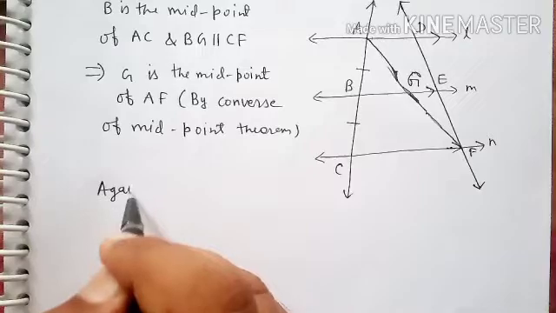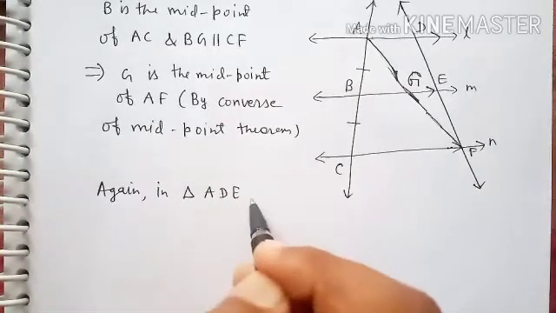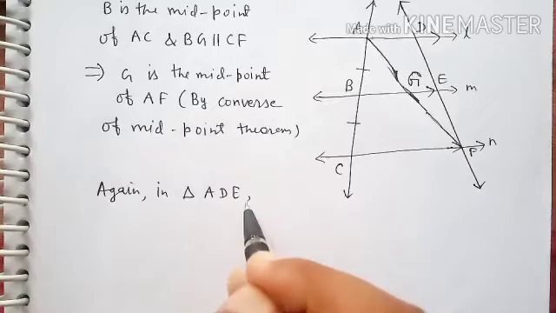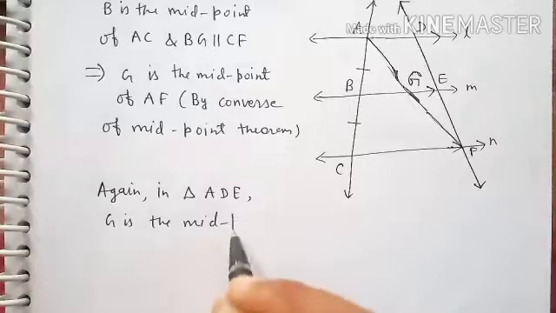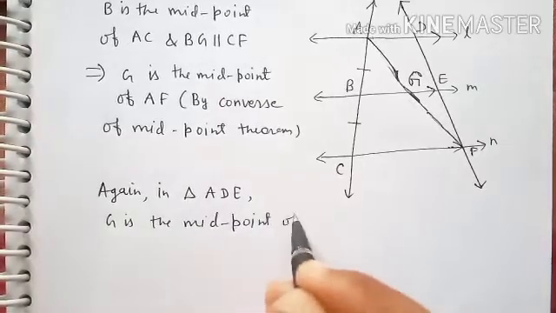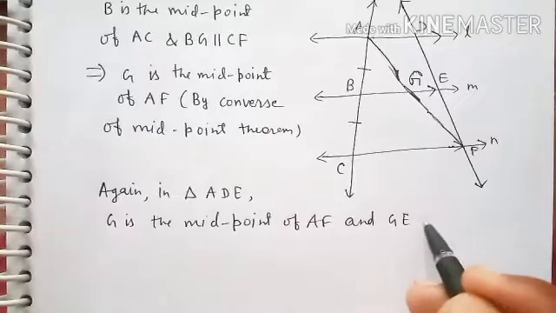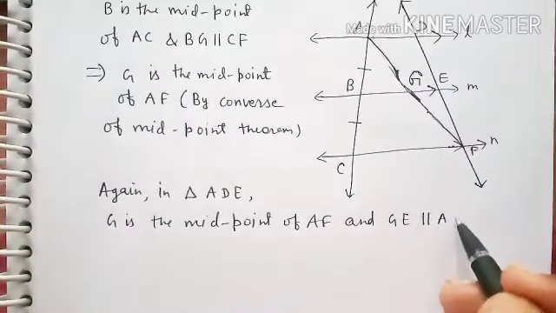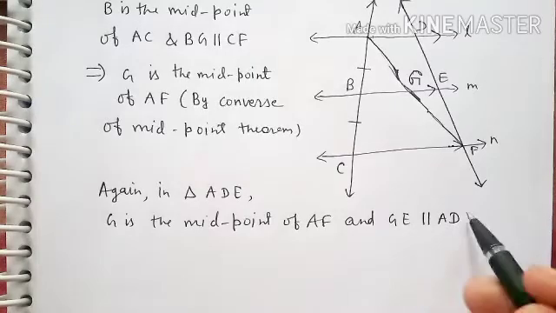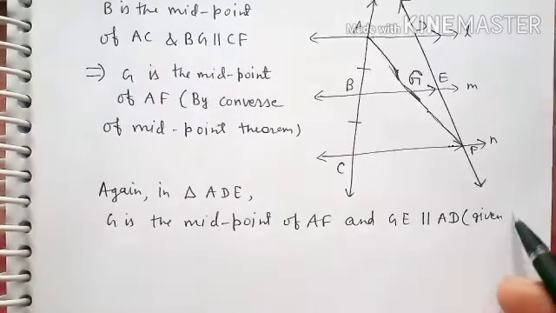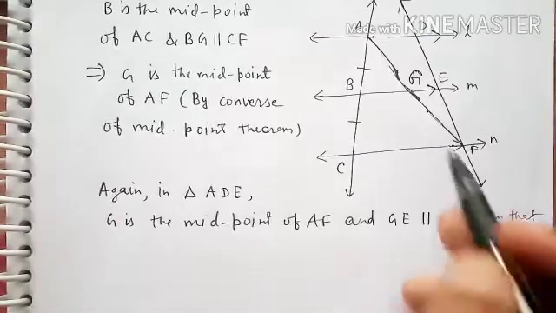Again, in triangle ADE, G is the midpoint of AF and EG is parallel to AD. EG is parallel to AD, it is given that M is parallel to L, that's why EG is parallel to AD.